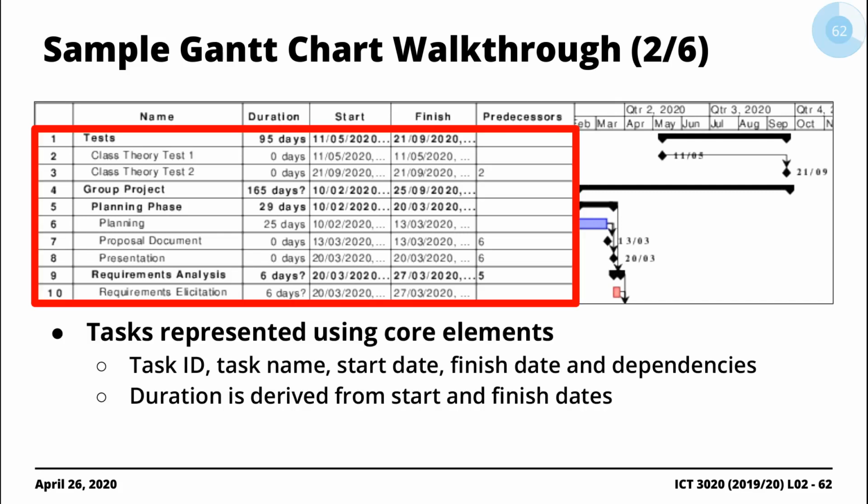All right, so first off, how do you represent the tasks? Key things that should be associated with your task when coming up with the Gantt chart is you must identify the ID, the unique ID associated with the task name, start date, and finish date. Typically, the tool you are using would derive the duration. And then more importantly, you also explicitly define the dependency that exists.